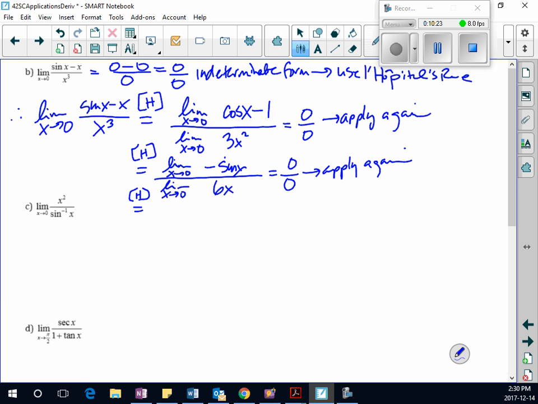Can you tell because the 0 is going away at the bottom, right? So the limit as x goes to 0, and the derivative of sine x is, yeah, it still has a negative, so negative cos x over 6. So I apply the 0, I get negative 1 over 6.